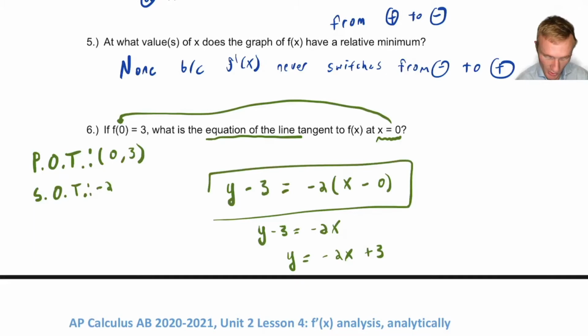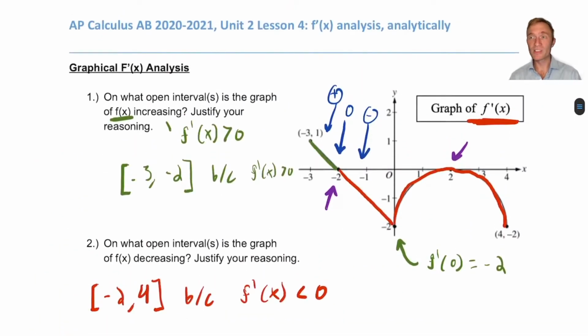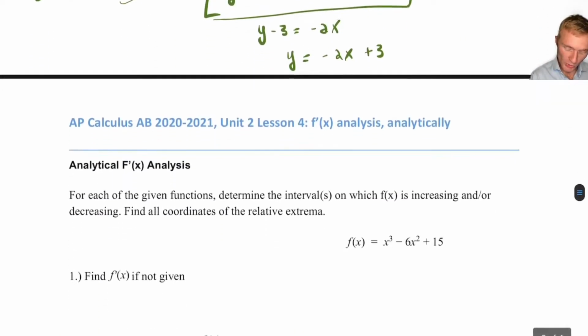If it's a free response question, that's where I'm stopping right there. We got that by using (0, 3) as a point, and the derivative at 0 is -2 as a slope. So key point here: when you have a graph of a derivative, it's like a lookup table. You can look up what the derivative is at any point, and you can use it to tell you things about the original function.